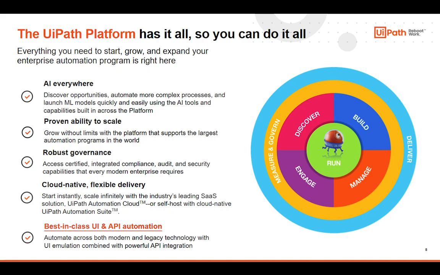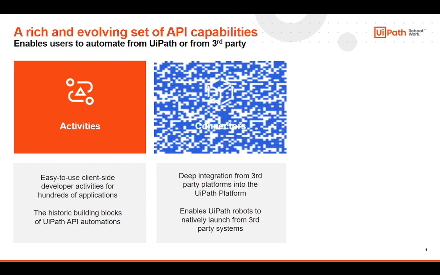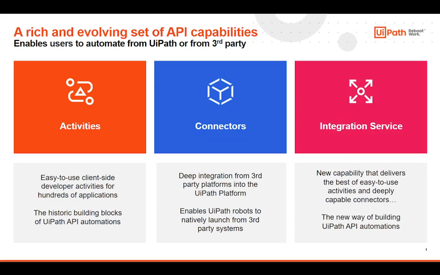So now let's talk more about the capabilities that we have in API integration. It really comes together in three parts. The first is about the developer experience, integrated into our low-code, visual-oriented experience in the UiPath Studio family. Activities are how the API integrations get lifted up into that experience in an intuitive way for developers to interact with those API integrations.